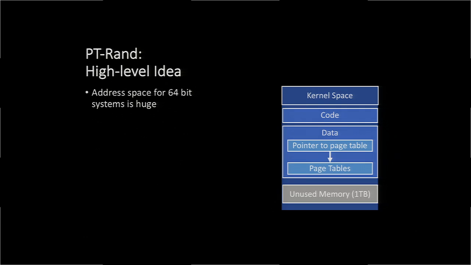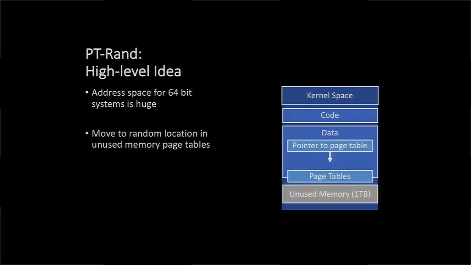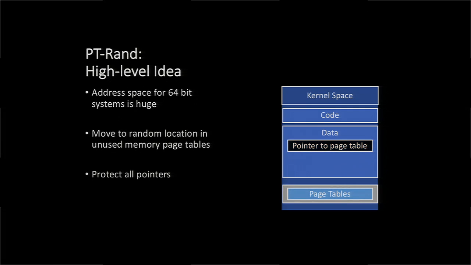It's so huge that there's some unused memory, up to like 1 terabyte, which is not used at all. So what we can do is move the page tables to a random location within this unused memory region, and then protect all the pointers such that the virtual address of the original location they pointed to can only be resolved with the randomization secret.